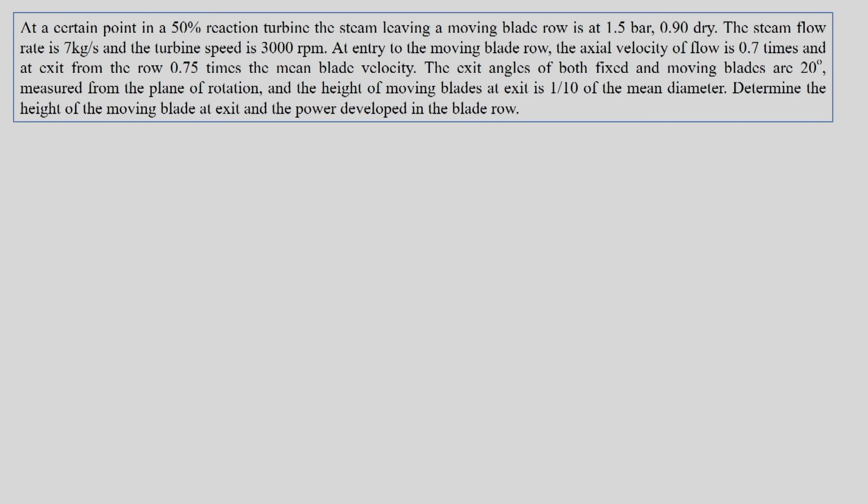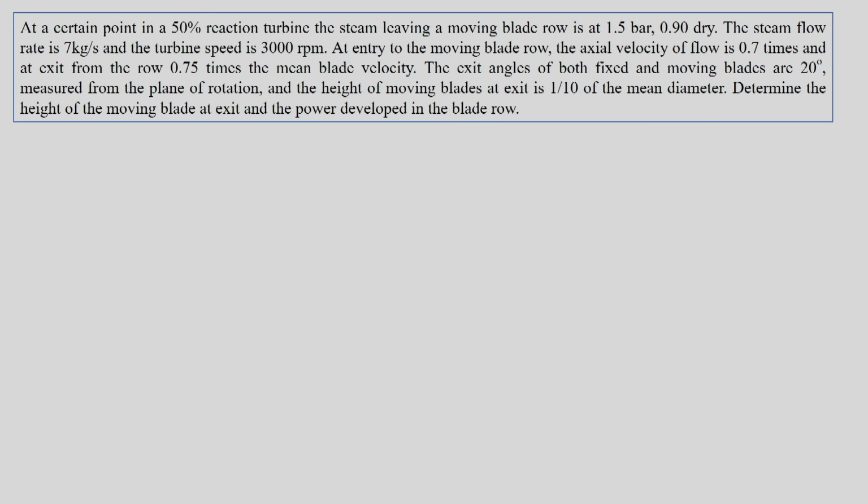The exit angles of both fixed and moving blades are 20 degrees measured from the plane of rotation, and the height of the moving blade at the exit is 1/10 of the mean diameter. Determine the height of the moving blade at the exit and the power developed in the blade row.